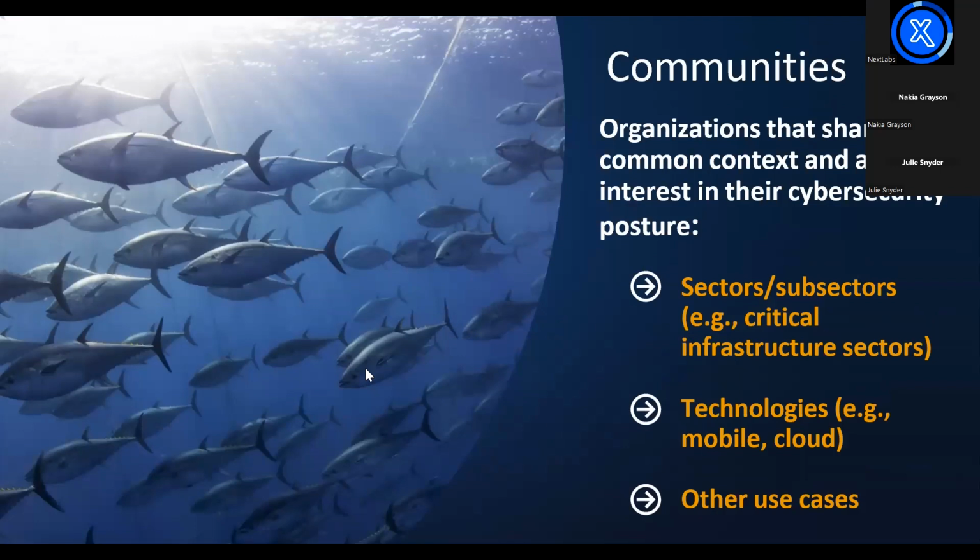This can consist of various enterprises, businesses that have a shared common context and an interest in their cyber posture, including sectors and subsectors, for example, critical infrastructure sectors, technologies, for example, mobile and cloud, and other use cases.